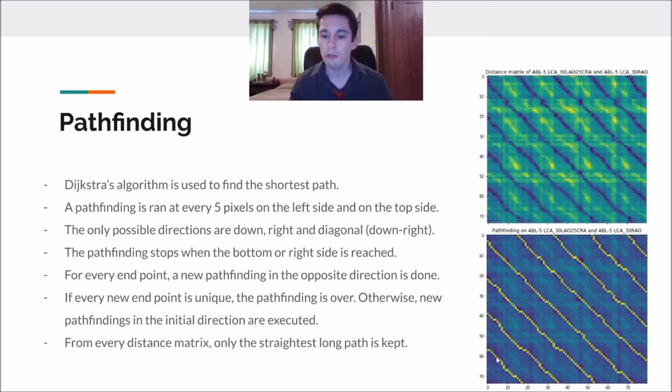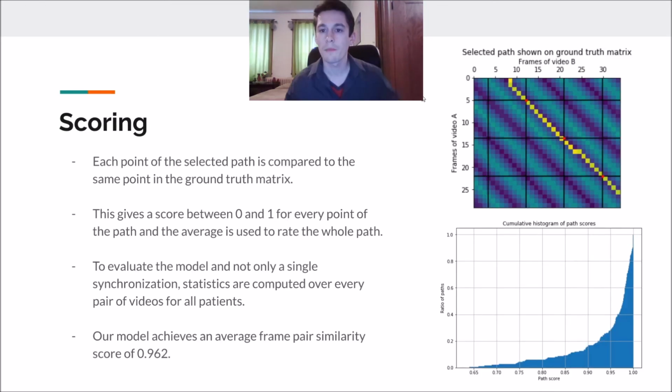This allows us to find every stripe in the distance matrix, but only the longest and straightest is kept to evaluate the model. Each point of the selected path is compared to the same point in the ground truth matrix. This gives every point a value between 0 and 1. To rate the whole path, we take the average of every point.